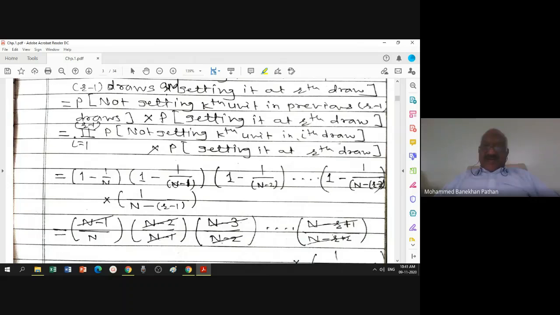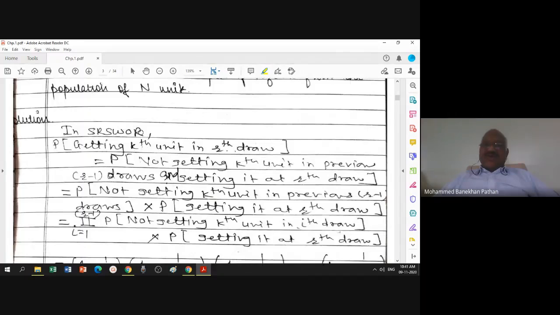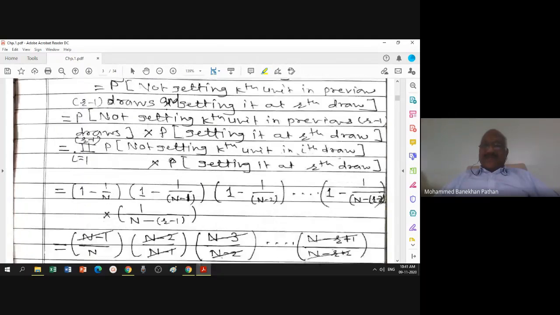Here it is n minus 1, because the method is without replacement. 1 minus 1 upon n minus 2, this is the third draw. This continues till r-1 draws, so 1 minus 1 upon n minus (r minus 2).